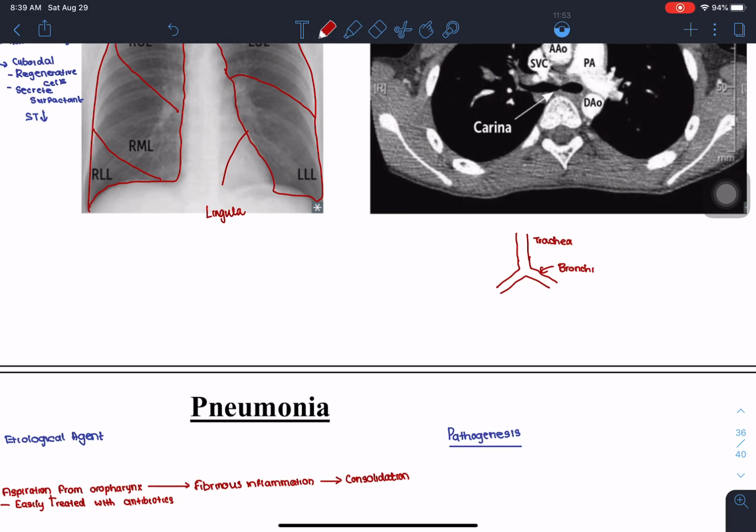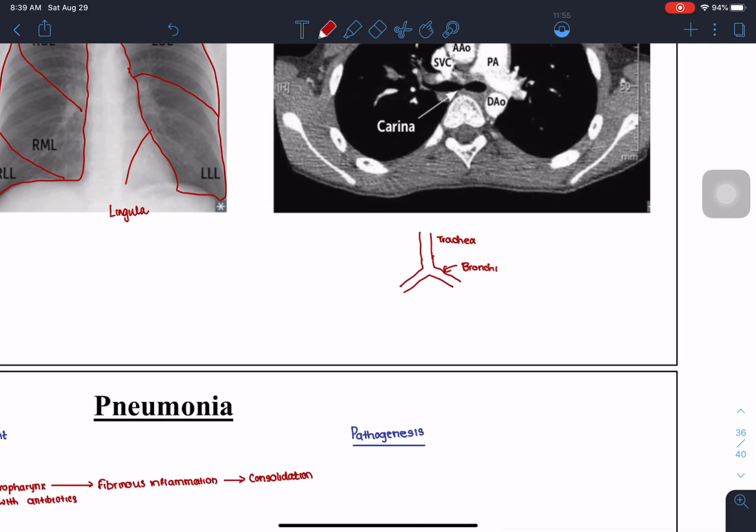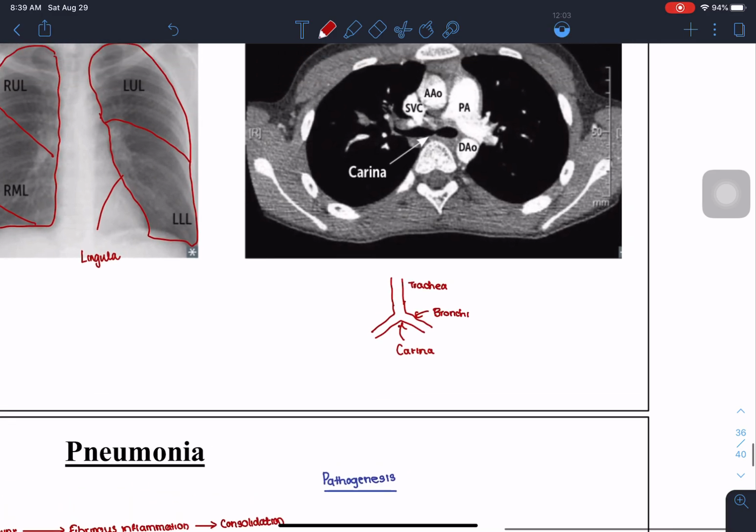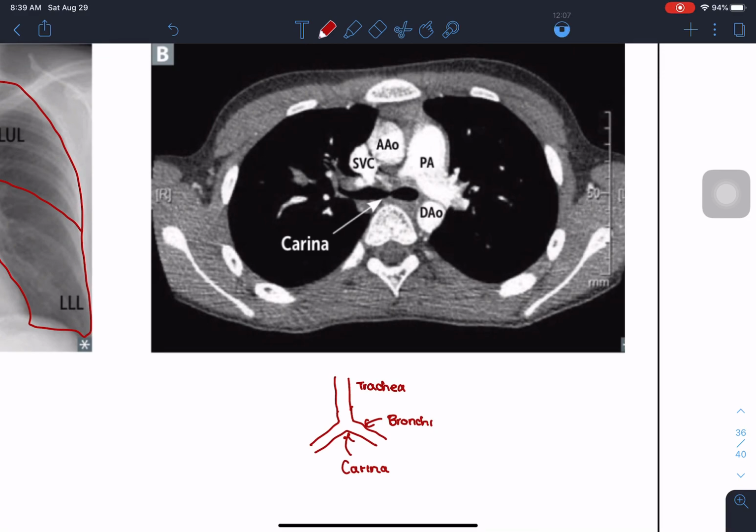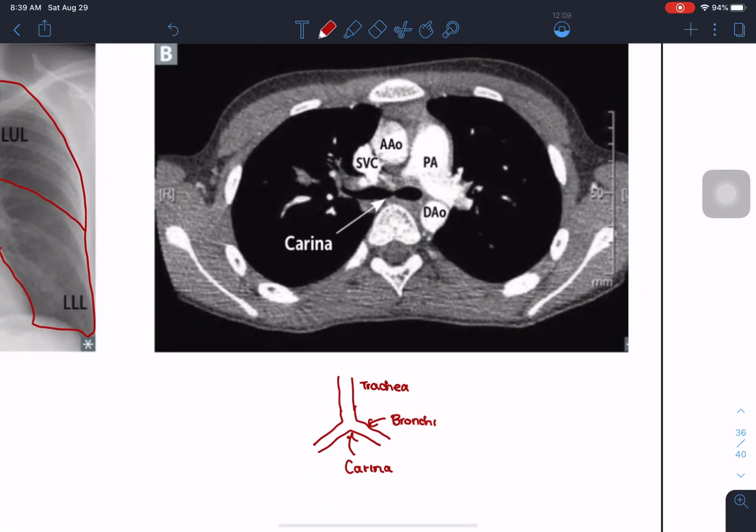The bronchi, because it divides into 2 and enters the left lung and the right lung. This is called the carina. The bifurcation is called the carina. And you can see that clearly here. Don't worry about these CT images, but you can see this is the point of bifurcation, where the bronchi break down into 2 and enter the 2 lungs.